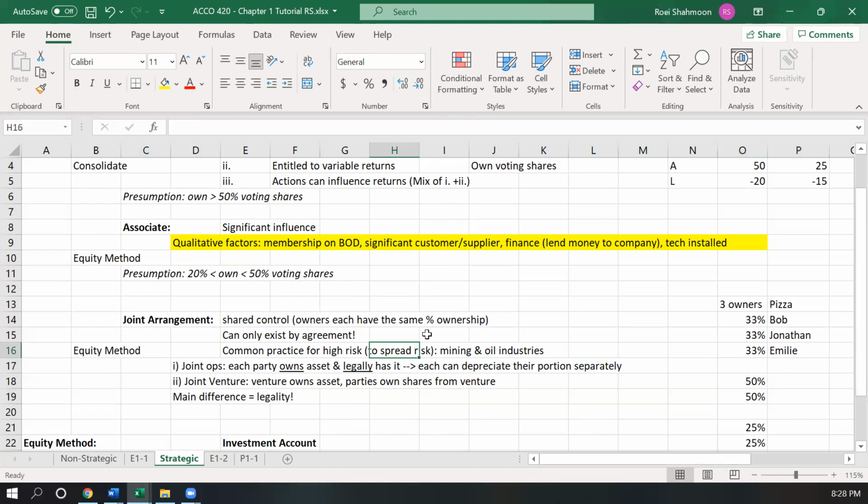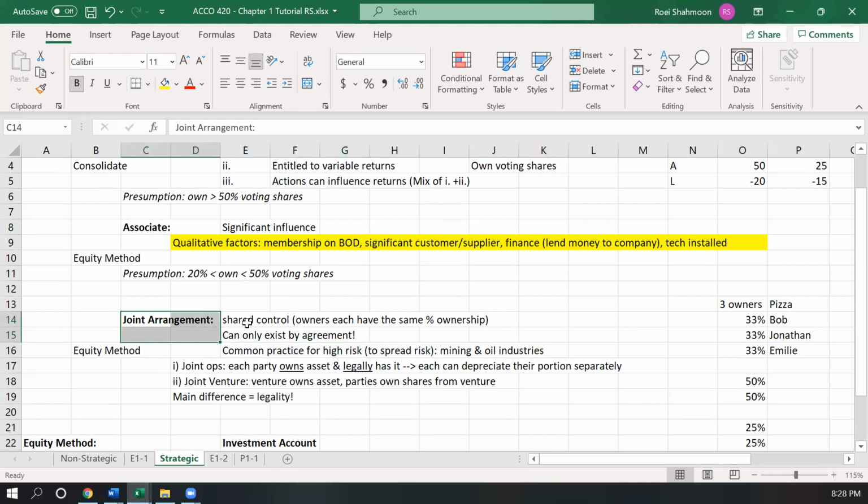So in order to spread the risk, so I don't spend so much money by myself, I say, hey, company ABC, let's partner up and spread the costs and also spread the rewards. So instead of one of us losing everything in a potential way to gain everything, we'll just lose a portion in a way to gain a portion. So this is why it's a way to do it.